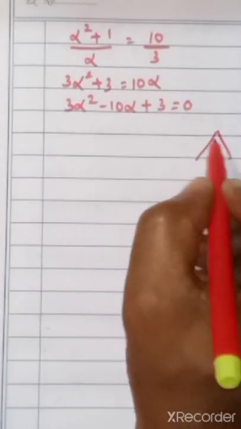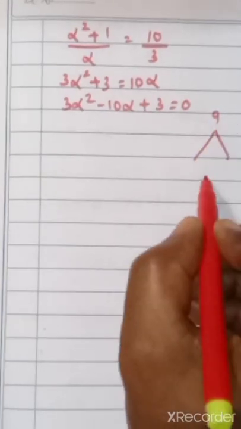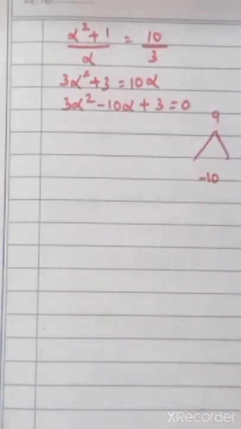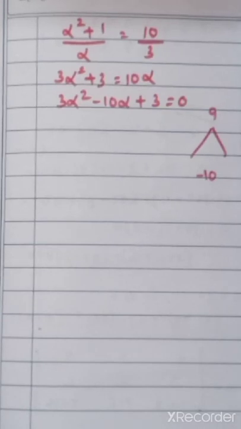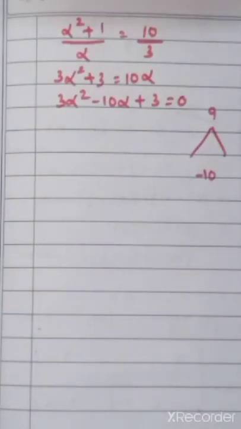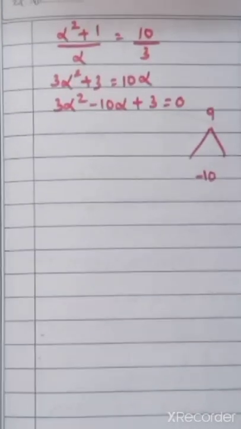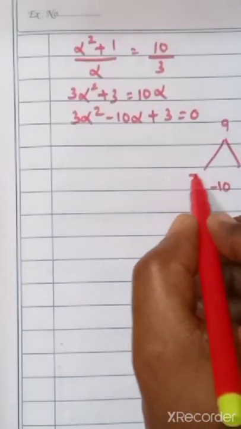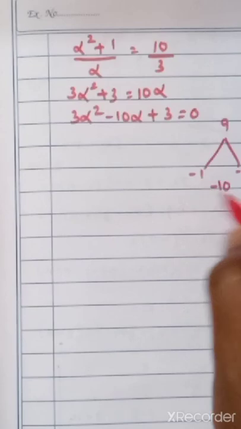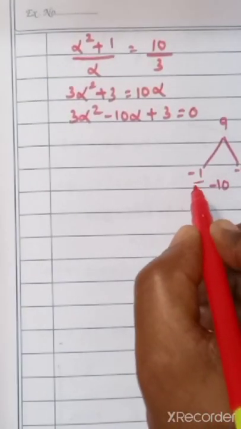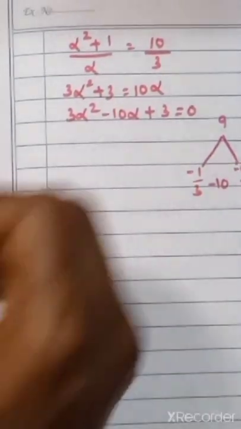So என்ன numbers? 3 3s are 9 minus 10 கிடைக்கணும். ஓகேவா? So multiply பண்ணா we have to get 9 and subtract பண்ணா we have to get the answer as 1. Now what are the two numbers? So minus 1 minus 9. Correct? 9 ones are 9, 9 plus 1 10. அப்புறம் divided by 3. Divided by 3.